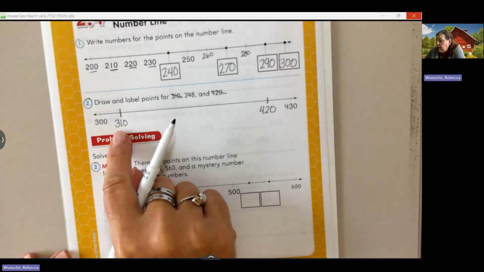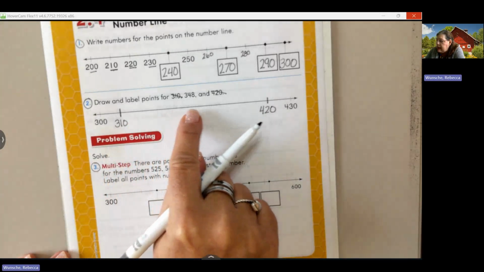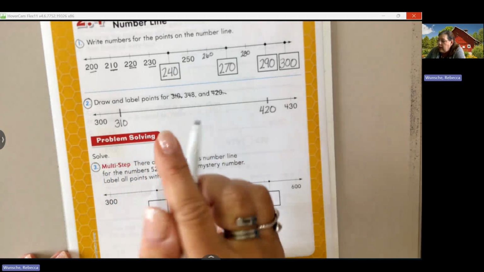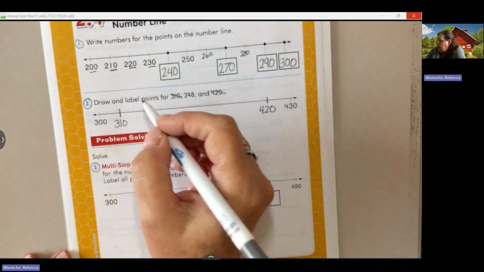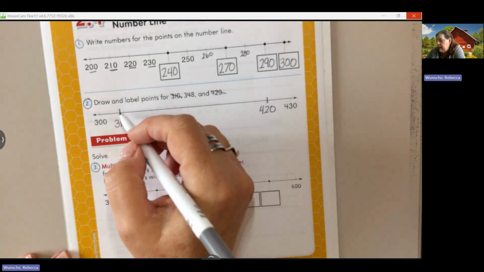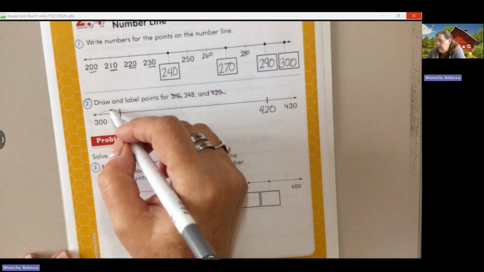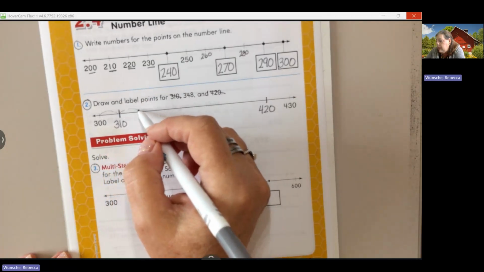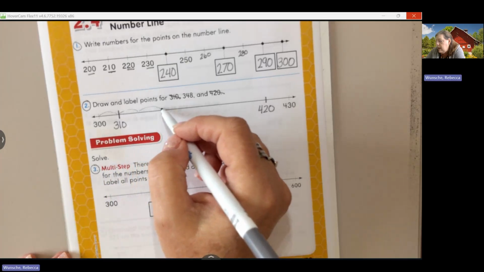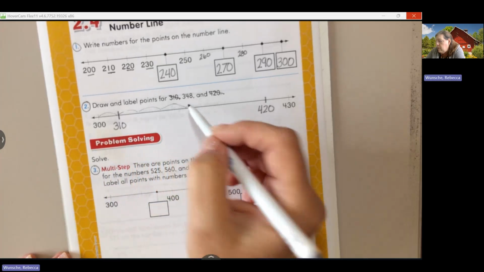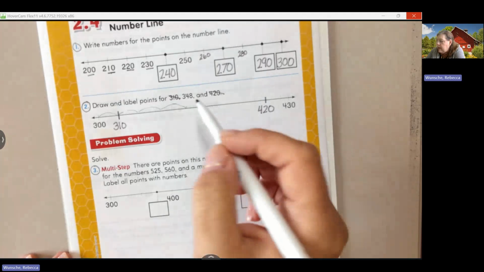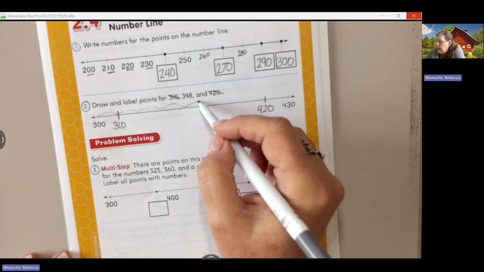So if I start with 310 and I think how many jumps would I need to get to 340? If this was 310, and I'm going to do it real lightly with my pencil, 300 to 310, 20, 30, 40. Well, I'm going to land somewhere down here, and after 40 would come 50.